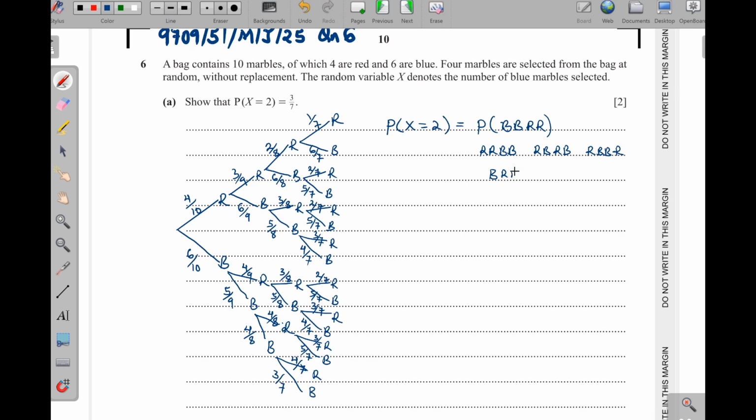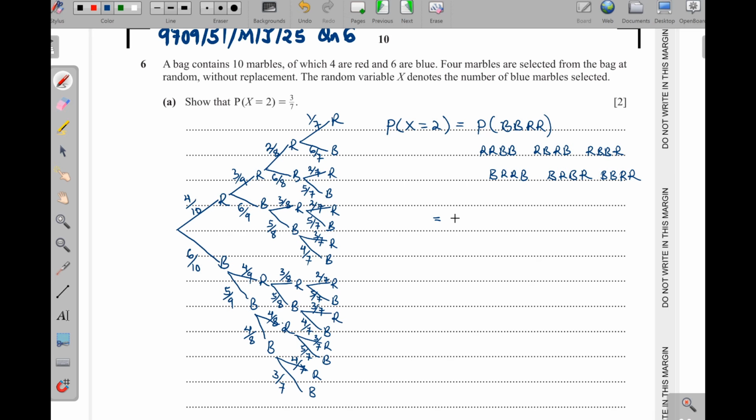Blue, red, blue. What else? There is blue, red, blue. We are done. Blue, red. Then there is blue, then red. Blue, red. You see? Those are the ones you are having there.